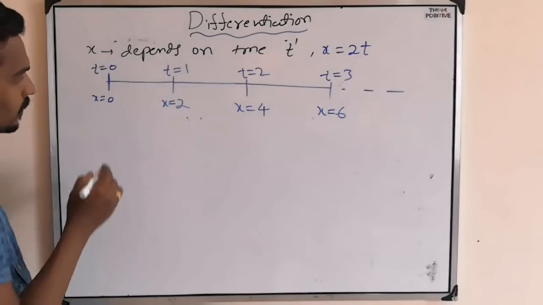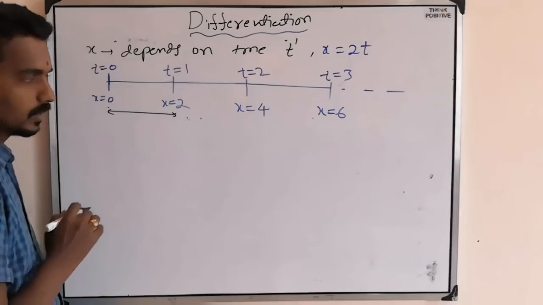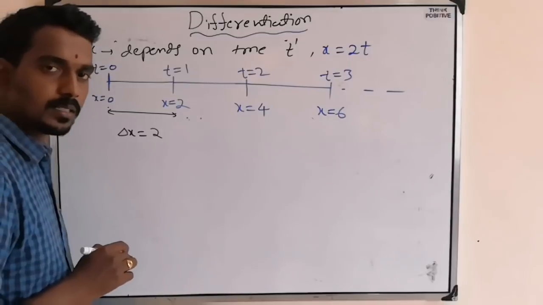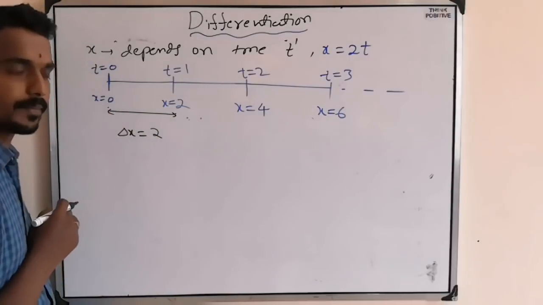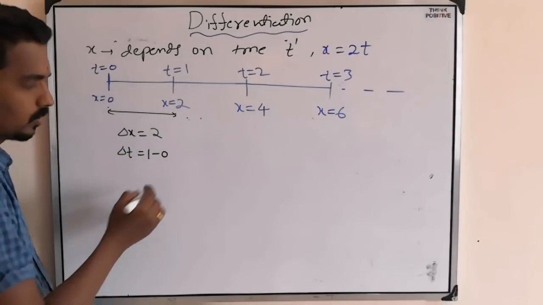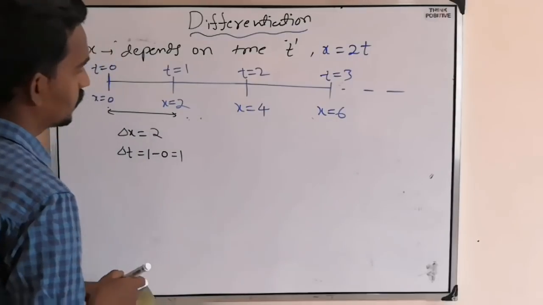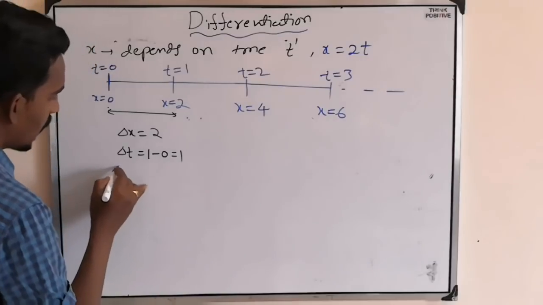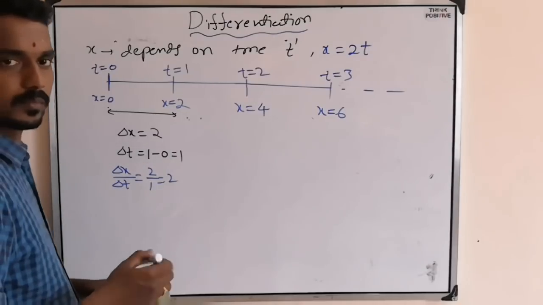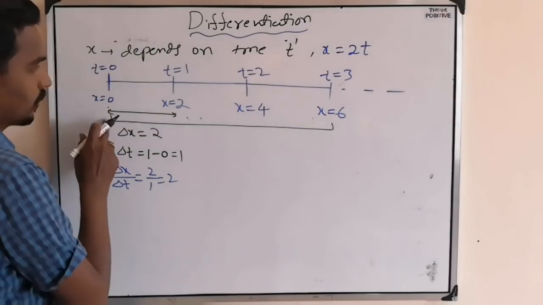Now from here to here, the delta x is 2 minus 0, 2. Delta x means change, final minus initial. The corresponding change in t, delta t, is 1 minus 0, 1. Right? Now delta x by delta t is 2 by 1, 2. Now consider from here to here.